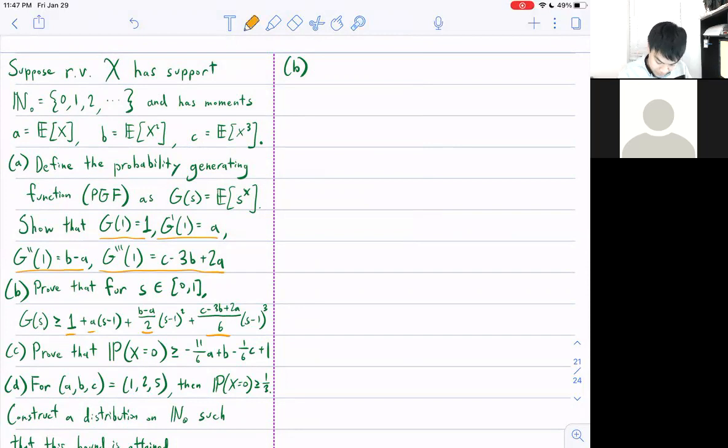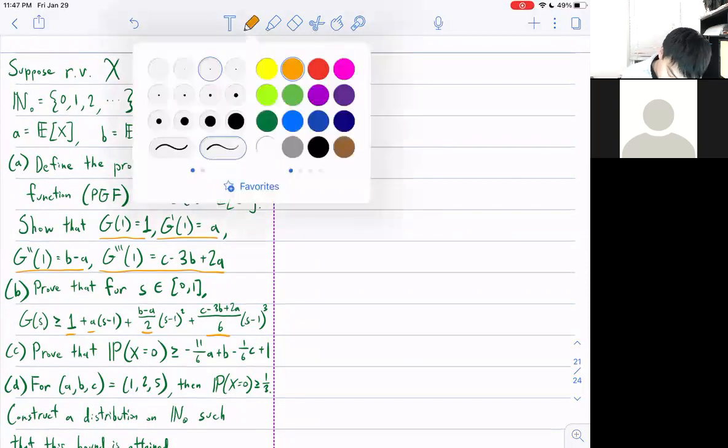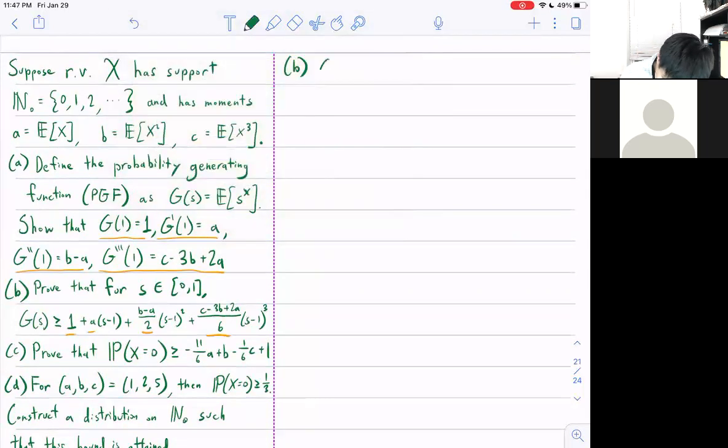So Taylor's theorem states that we have g of s, and it equals g evaluated at some value. The expansion we're going to be doing is around 1, because we evaluate these values already at 1. So g of 1 plus, and then we'll keep on writing more terms until we don't have any more of the expression to write.